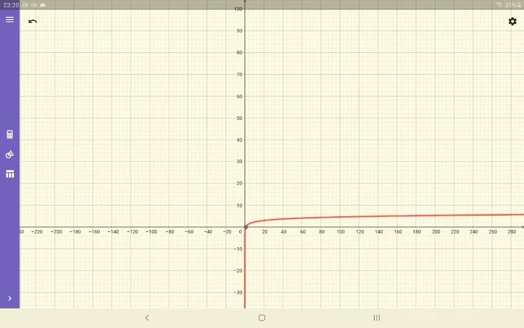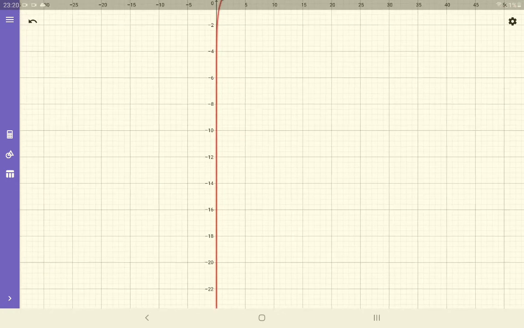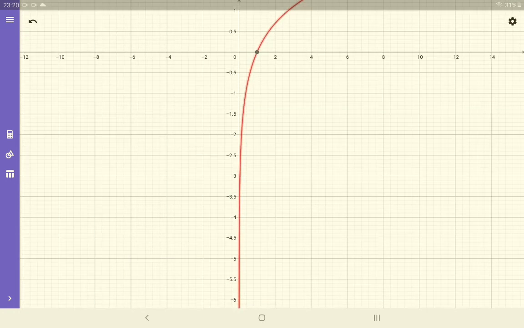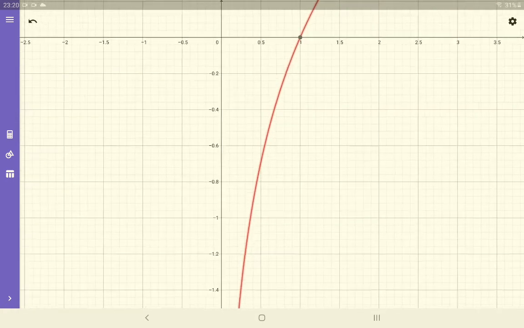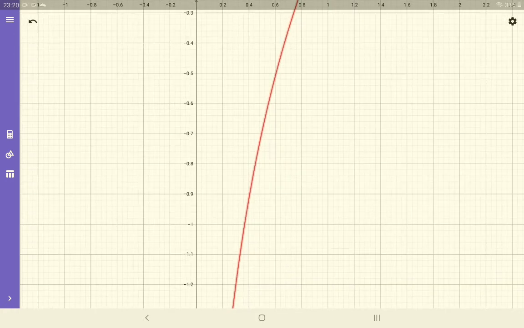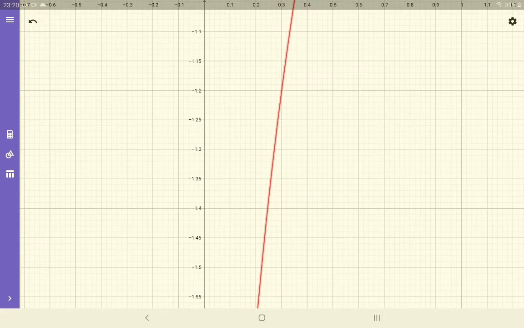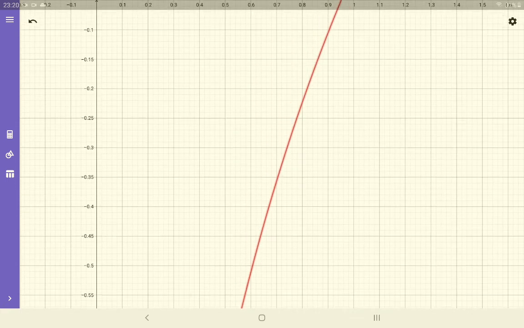In your textbook you can see it like this. This is not exactly on the y-axis, it is away from the y-axis. You can see when I zoom out. Can you see this? Yes, this is the graphical structure of the logarithmic function.